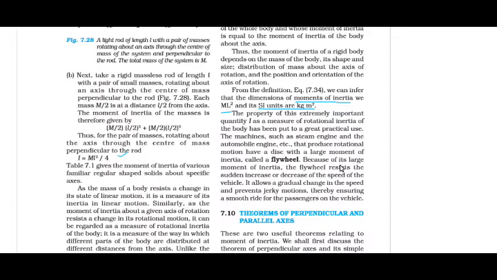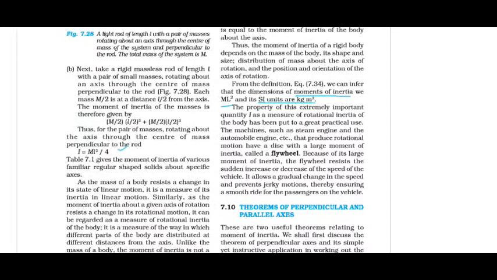Because of its large moment of inertia, the flywheel resists the sudden increase or decrease of the speed of the vehicle. It allows a gradual change in the speed and prevents jerky motion, thereby ensuring a smooth ride for passengers on the vehicle.